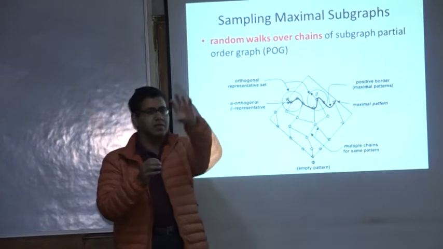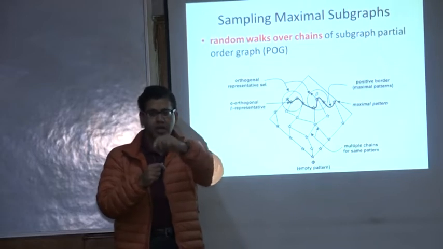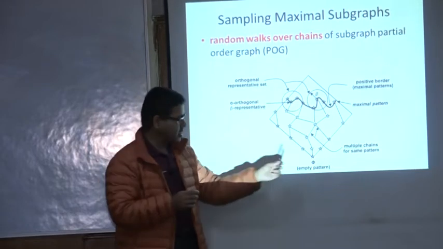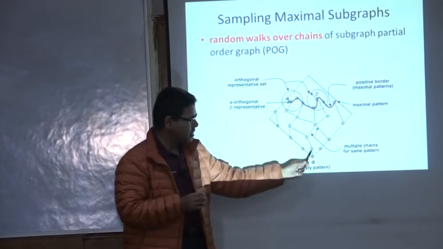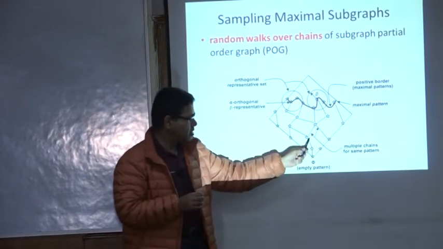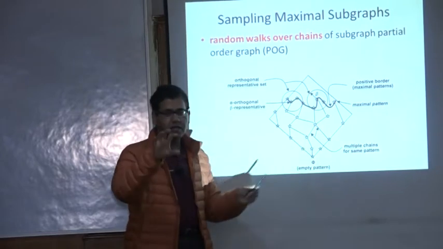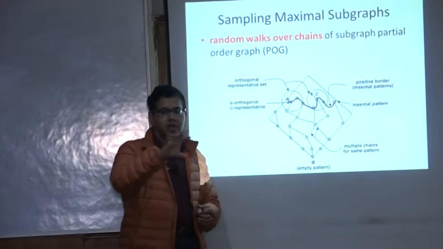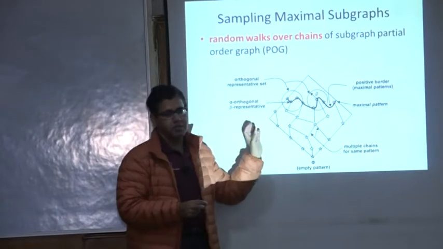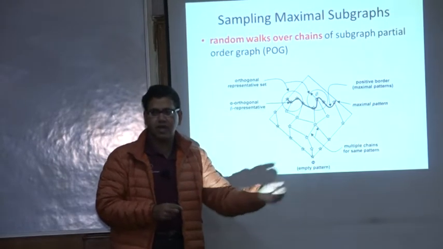One pattern is connected to another based on adding one more edge or removing an edge. To go from the empty pattern to the pattern with one edge, you add an edge. Going from here to here, you add another edge. Each node here is a frequent subgraph. And now we don't know the space. This is the key difference, that normally we know the space of the graph we're trying to explore.